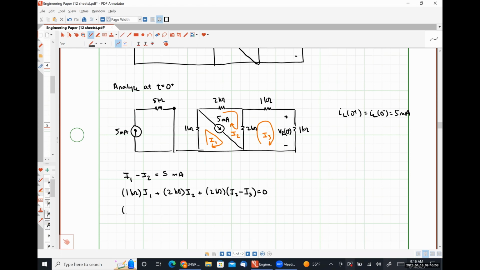And then we'll have 2 kilo ohms times (I3 minus I2) plus 1 kilo ohm times I3 plus 1 kilo ohm times I3 is equal to 0.